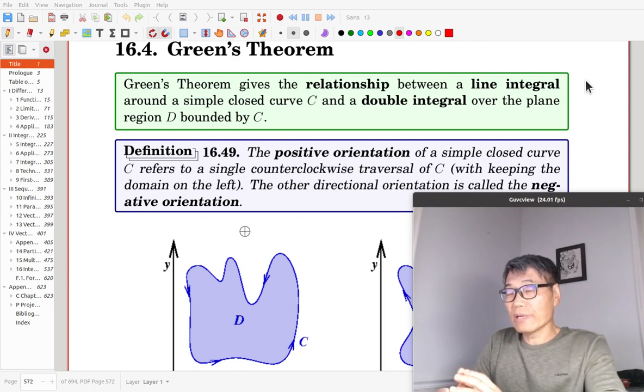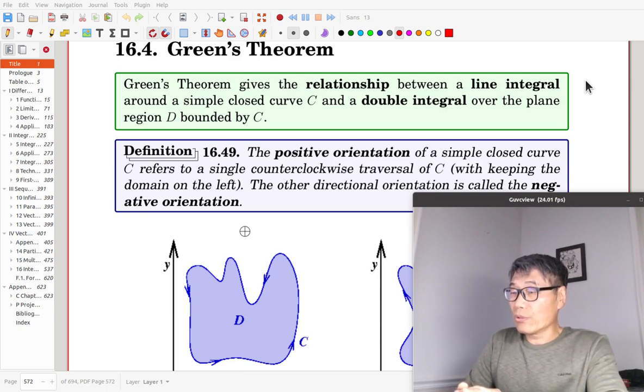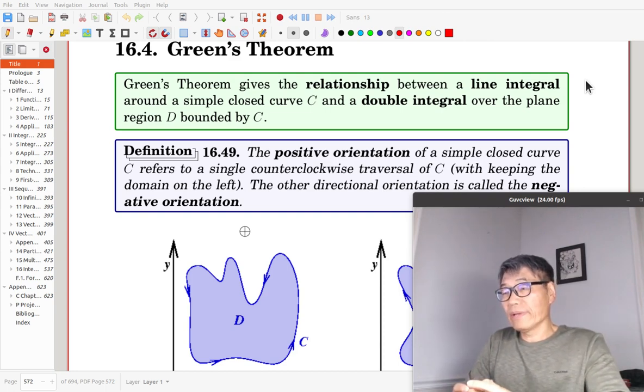Total change of energy through the boundary must be the same as the total change of energy inside. So there must be a relationship between boundary integral and inside regional integral.